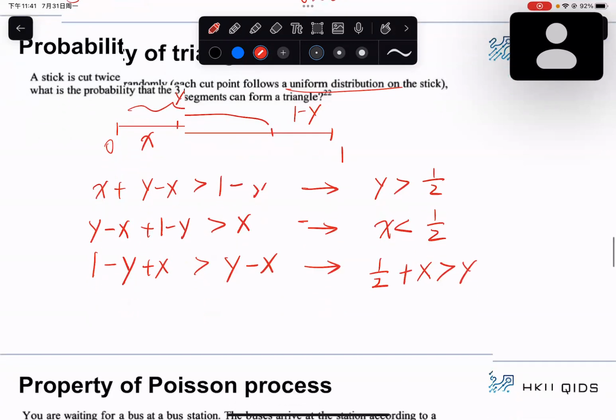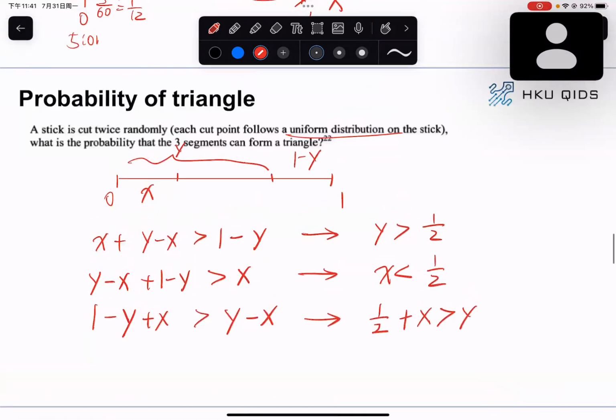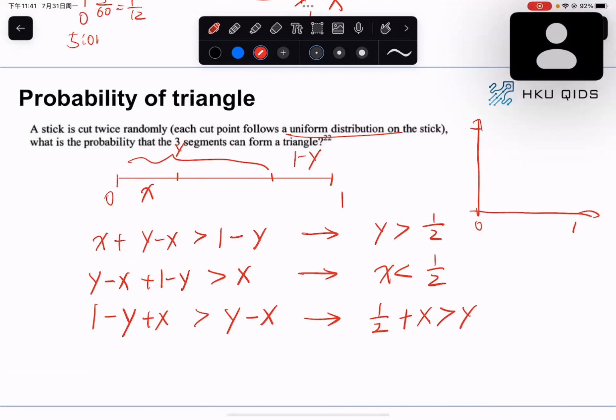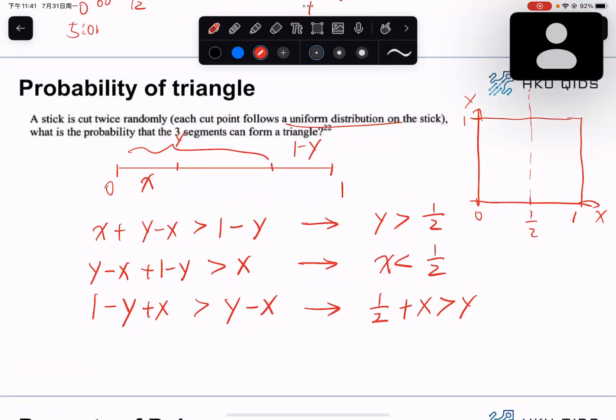And for all of these things, I can now draw a picture. So again, this is 0, 1, 0, 1, and this is X, this is Y, right? The range of X and Y is within 0 to 1. And I know X is smaller than 1/2, and Y is larger than 1/2. So we already only have this range left.